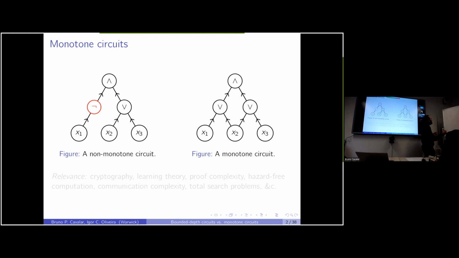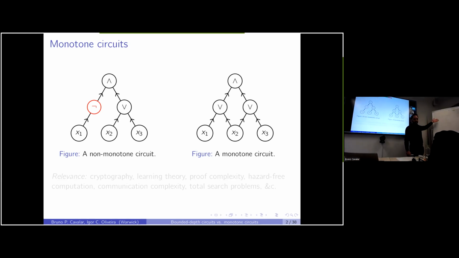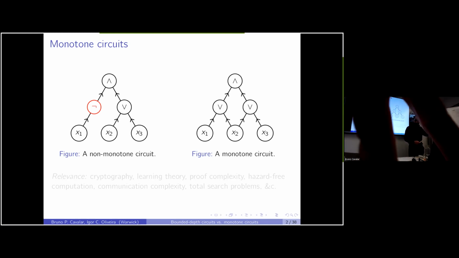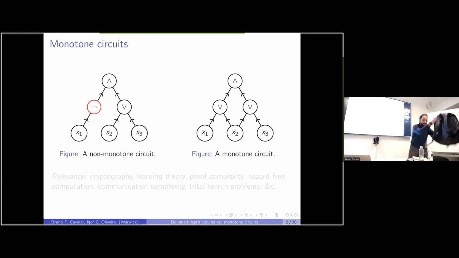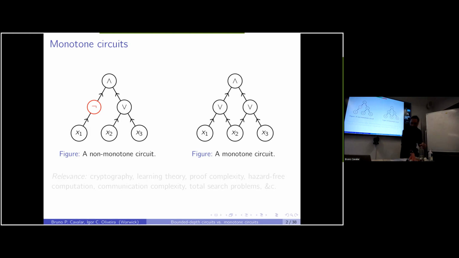A Boolean function, as you might know, is a mapping from n-bit binary strings to 0 and 1. You can model decision problems as Boolean functions, or sequences of Boolean functions.